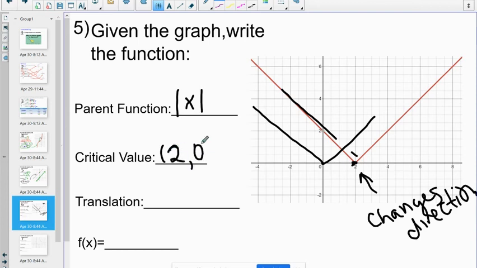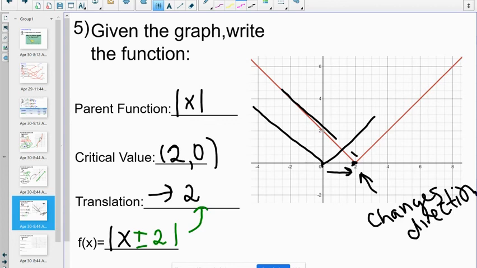So our new critical value is 2, 0. For our translation, if we're starting here and we go this way, we're going right 2 units. We're not changing in a vertical distance. We didn't go up or down any. So our new equation, we have f of x equals the absolute value of x, plus or minus something. Well, plus or minus 2, because that's the value here.